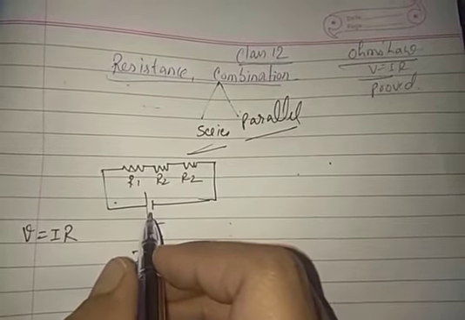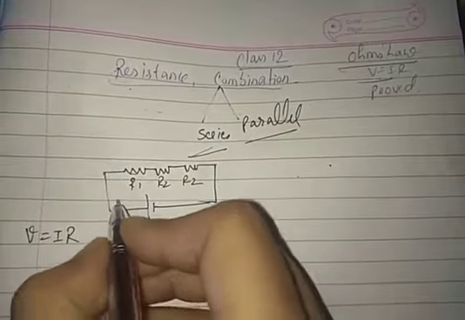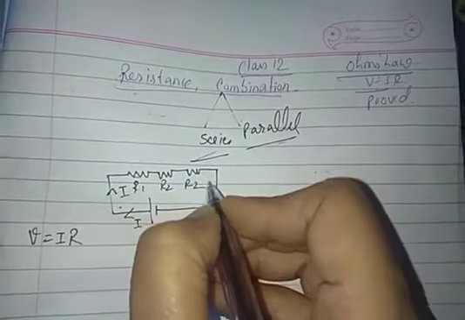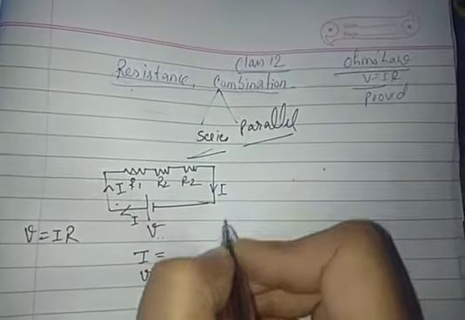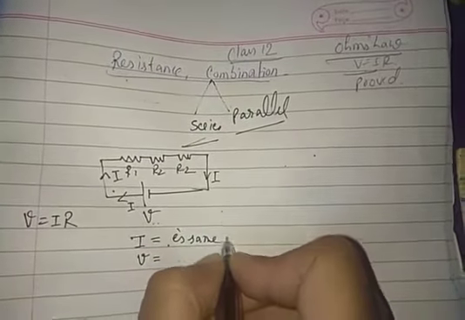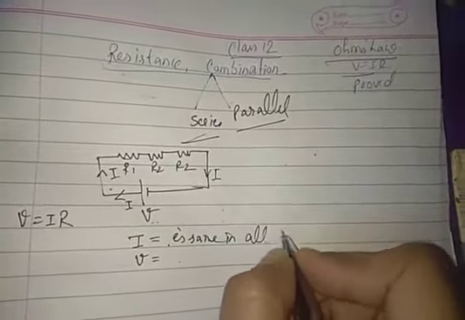When potential difference is applied across its ends, the current I goes through here, the same current I goes through there, and the same current I comes back. So I is the same in all resistors.